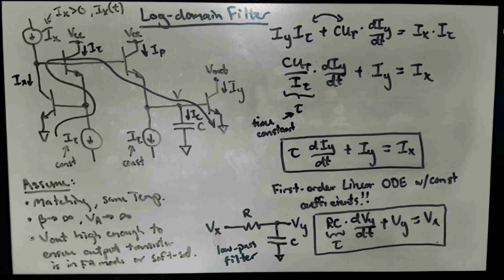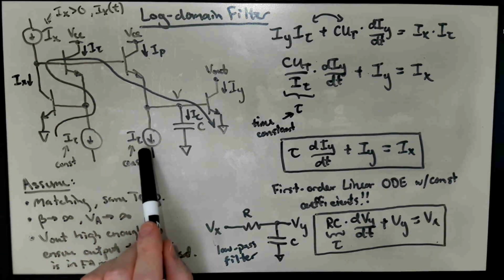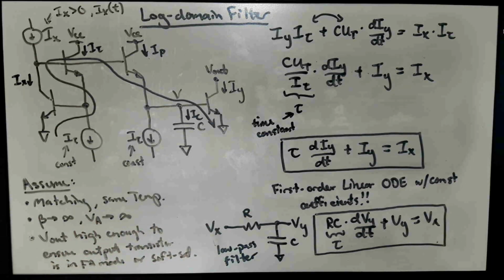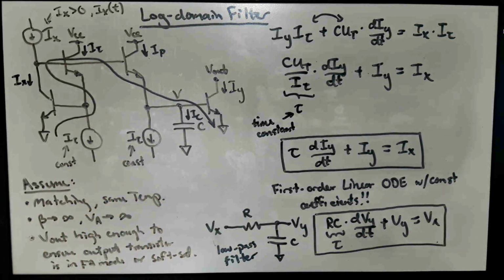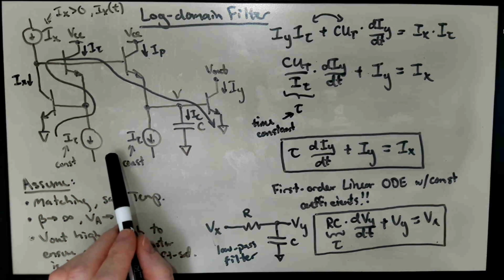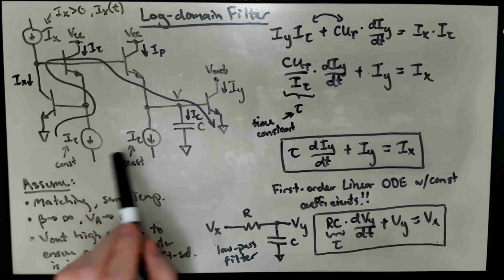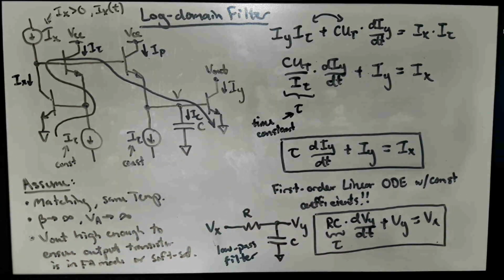That means that I have an electronic control through these current sources here of the actual time constant. So the same exact circuit with a fixed size capacitor can be tuned electronically after fabrication. So I can basically set this current level to get whatever time constant I want, given the size of the capacitor.